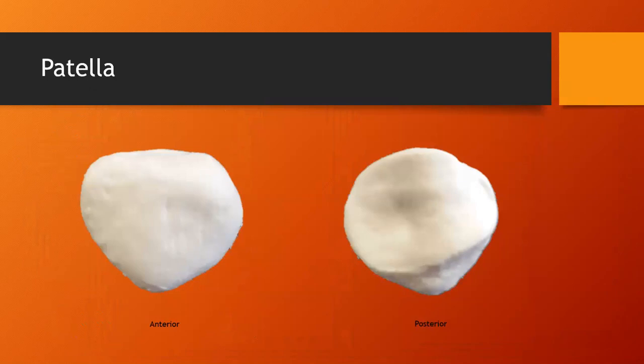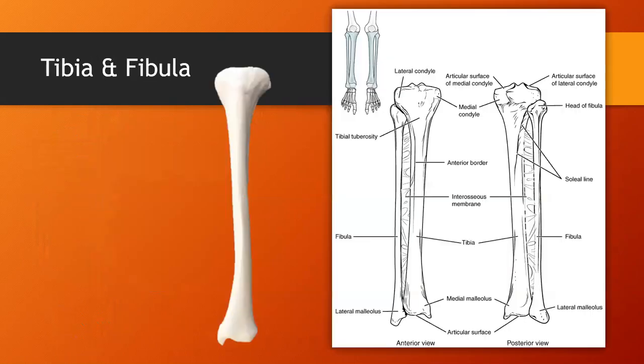On page 13, in your first blank, the first bone of the leg is going to be the tibia. It is the medial leg bone. It receives weight from the body and from the femur, and transmits that weight towards the foot. Your B is going to be the fibula, which I believe was on the previous slide.